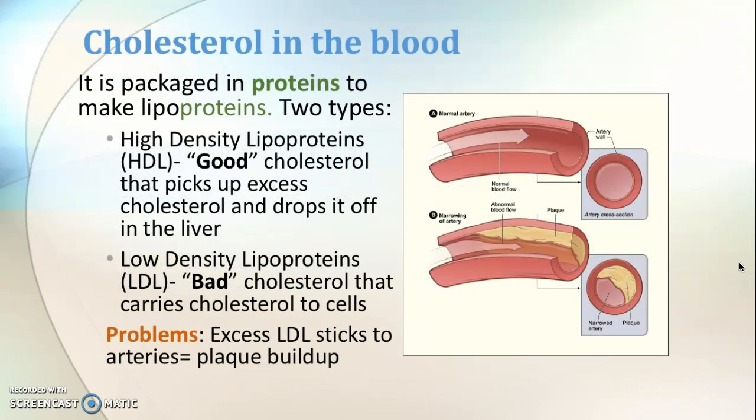Now, cholesterol gets, I think, a very bad reputation, but in fact, there are two different types of cholesterol. Cholesterol is a lipid primarily, but in order for it to move through the bloodstream, because the bloodstream is made primarily of water, like 85% of your blood is water, it wouldn't dissolve well within the blood unless it has some type of package to allow it to move through the blood with ease.